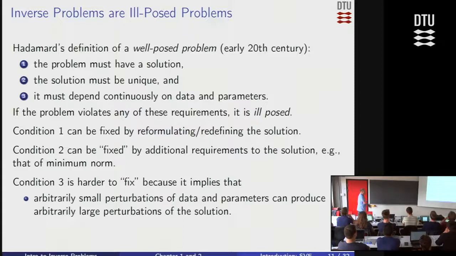But condition number 3, that's the hard one to fix. Because if it's violated, that means that small perturbations of your data can give very large perturbations of the solution. And that's actually what we saw just a few slides ago with this 3×2 problem.